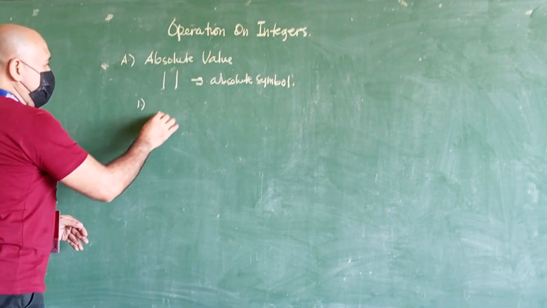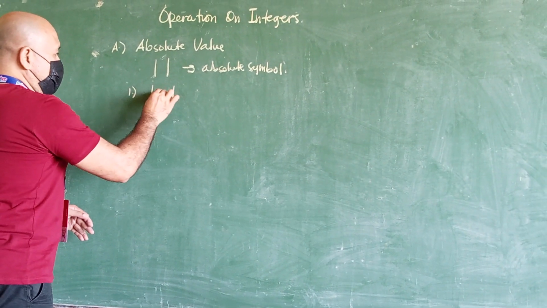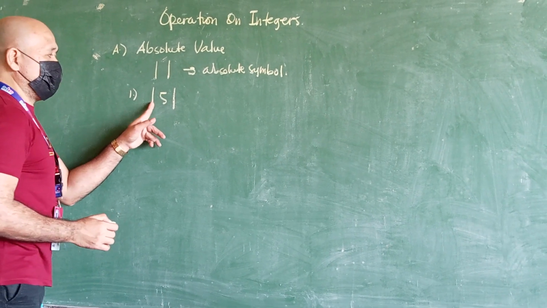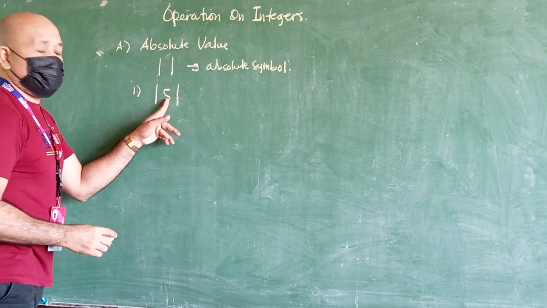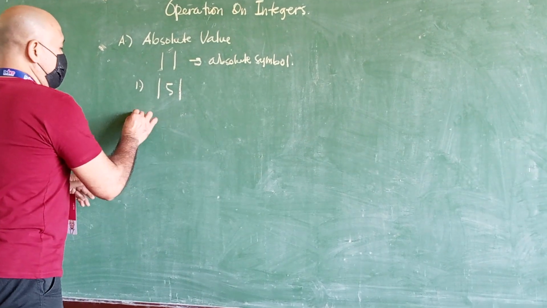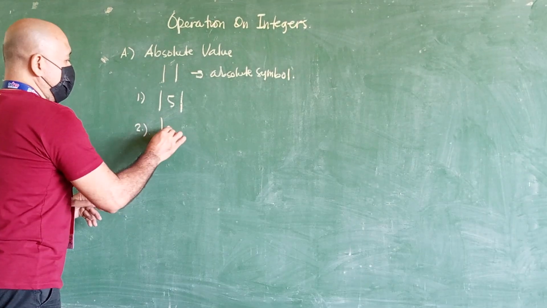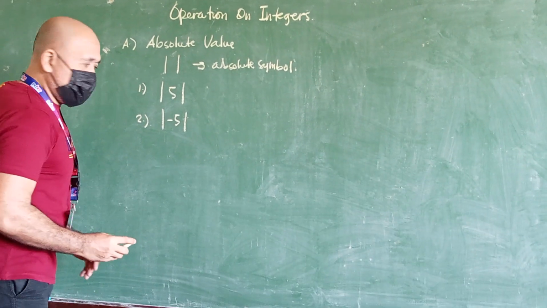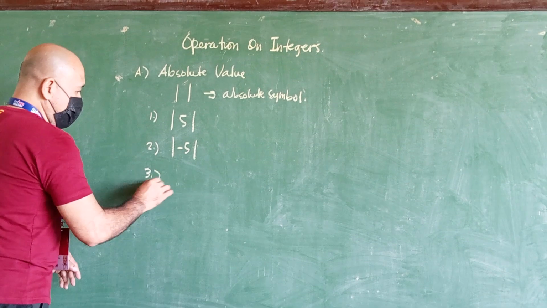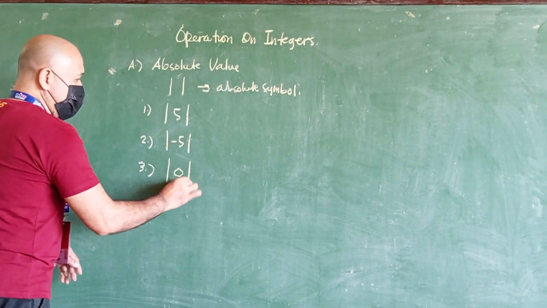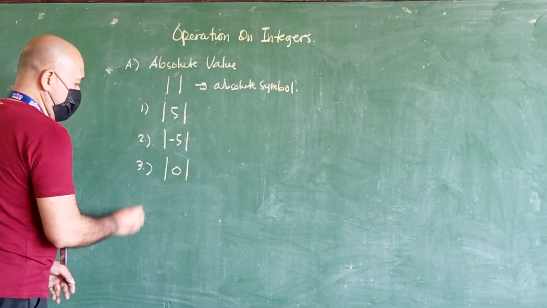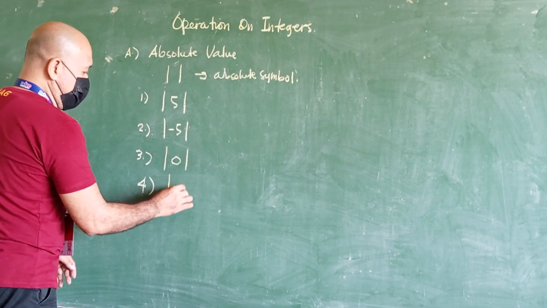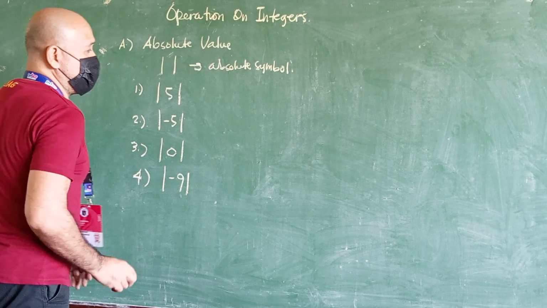If you have 5, or positive 5, you read this as the absolute value of positive 5. And we have the absolute value of negative 5, or the absolute value of 0, or perhaps the last one, the absolute value of negative 9, for example.